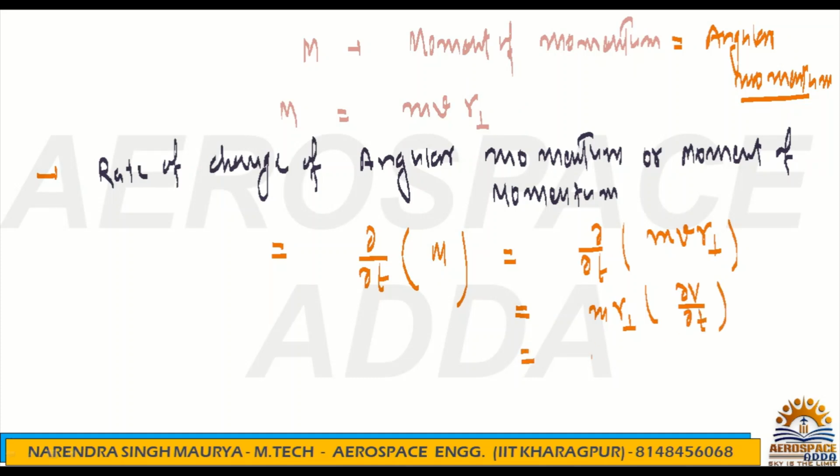Rate of change of velocity, which is nothing but acceleration, right? And this is mass into acceleration into perpendicular distance. What is mass into acceleration? It is force. Force into perpendicular distance is nothing but torque. So what is the meaning of it? This is nothing but rate of change of moment of momentum, or rate of change of angular momentum is nothing but torque.